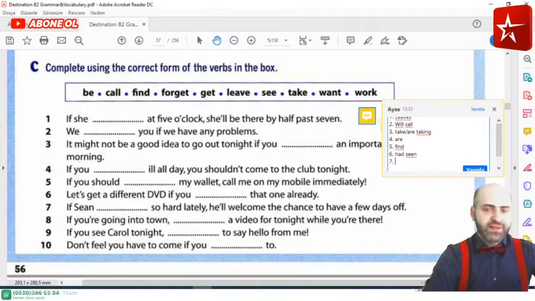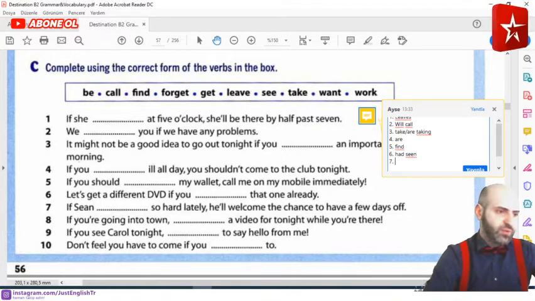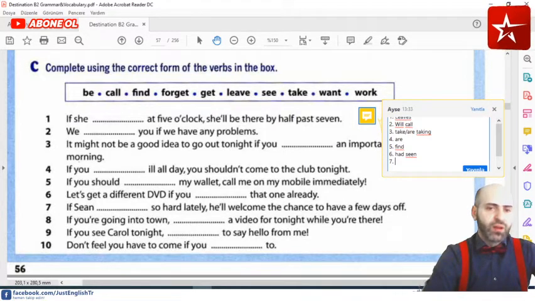Let's see your answers for question 7. If Sean worked so hard lately, Mustafa wrote. Ahmed also thinks works. Good, guys, you found the correct verb.